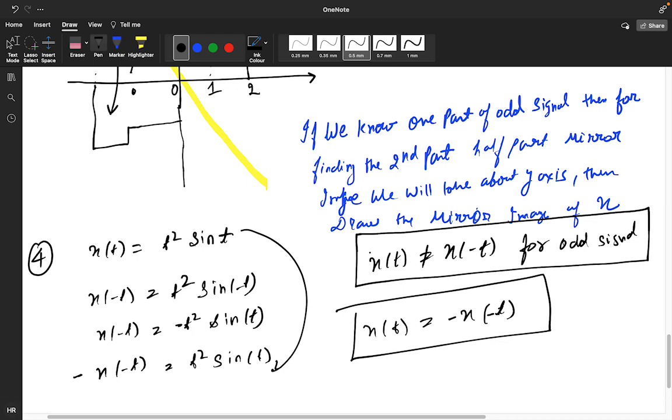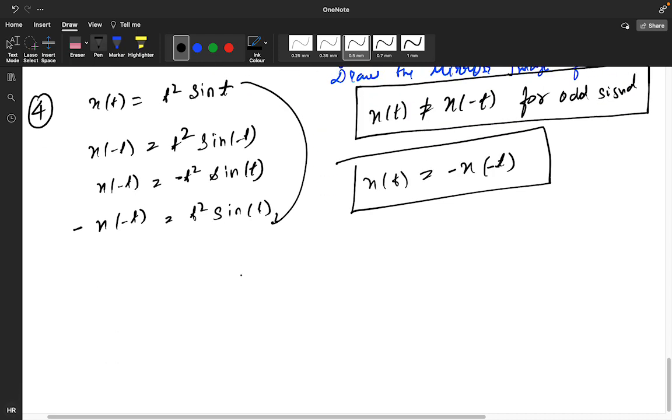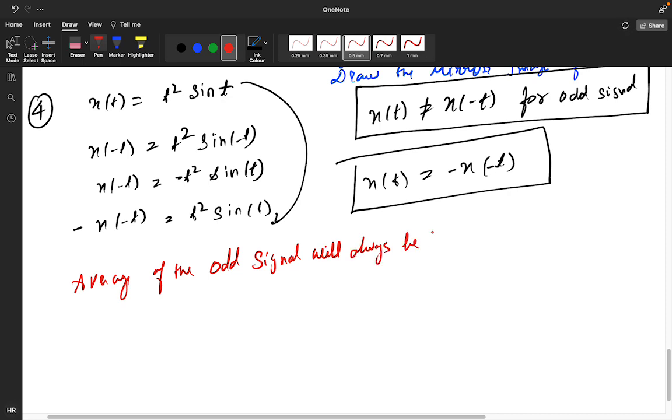And the average of the odd signal will always be 0. I'm giving you one example.